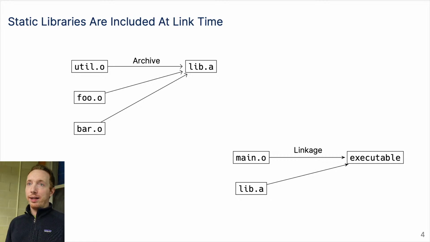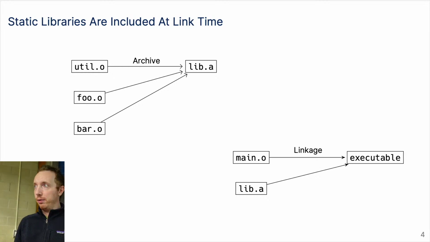So static libraries are just a way to decompose it so you can reuse parts. So say of those 4 files, I know my util, my foo, and my bar files, I know I want to reuse them in different executables. So what you can do is you can essentially link them together in an archive, which is basically just you smash a bunch of .o files together, and they just all live in that .a file.